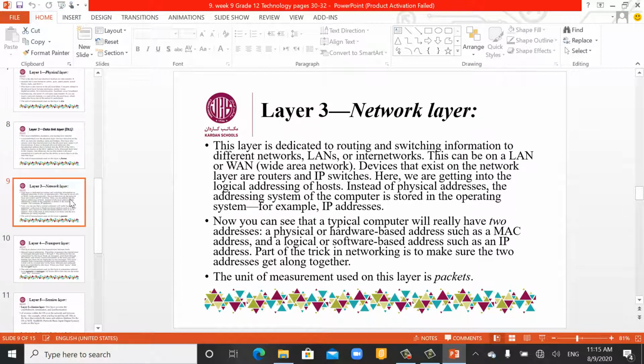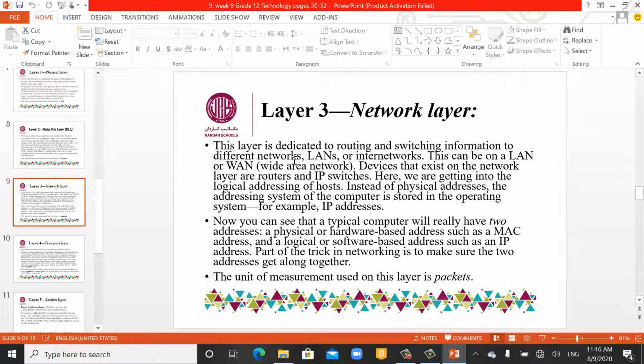And the last and third layer for this video lesson is layer 3, the network layer. If we are talking about the network layer, this layer is dedicated to routing and switching information to different networks. How the data is transferred through the different networks is the work of this layer.